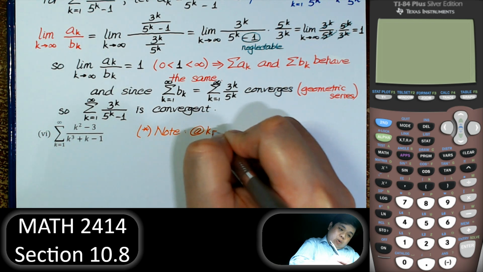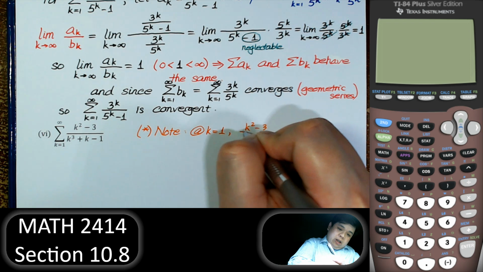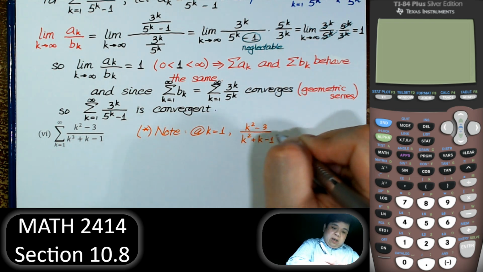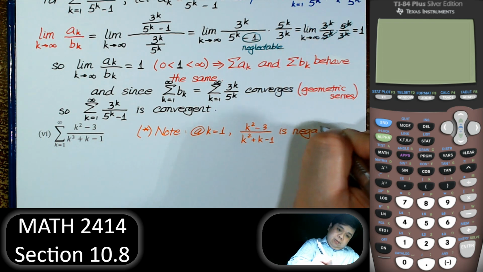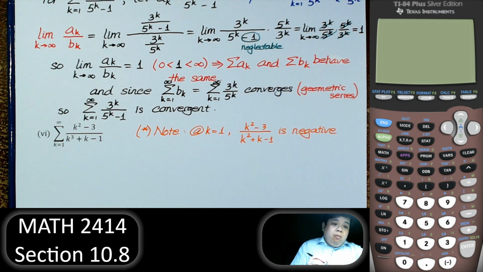At k equal to 1, k squared minus 3 over k squared plus k minus 1 is negative. And the limit comparison test, that's what we use here.